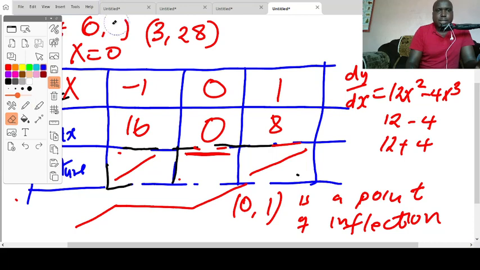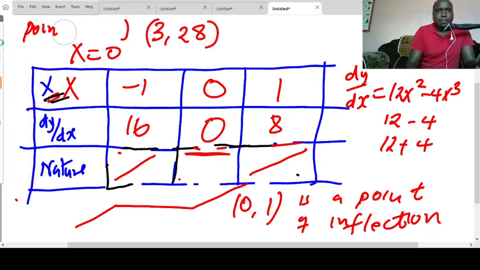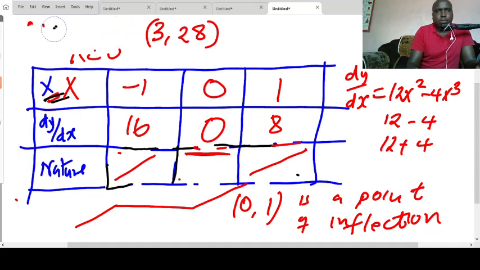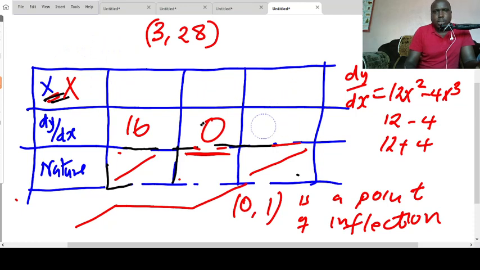So let me delete this one here. In this case, you clear everything because they are not going to be the same. Everything is unique here.